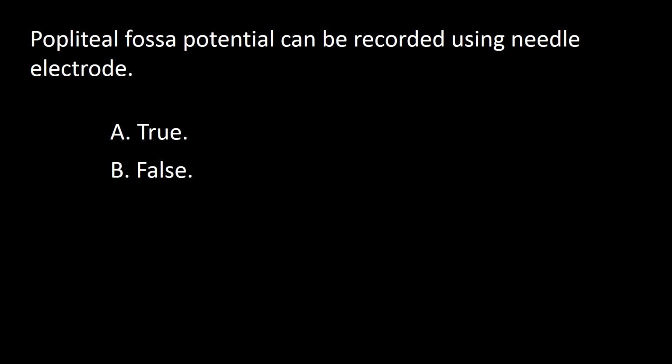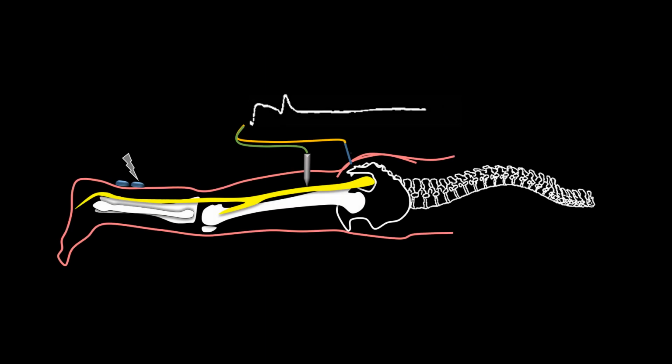Next question. Popliteal fossa potential can be recorded using needle electrodes. A true, B false. A needle electrode in the popliteal fossa, referred to a subcutaneous electrode in the gluteal region, can be a very useful method to record posterior tibial nerve somatosensory evoked potential in the popliteal fossa with minimal artifact.